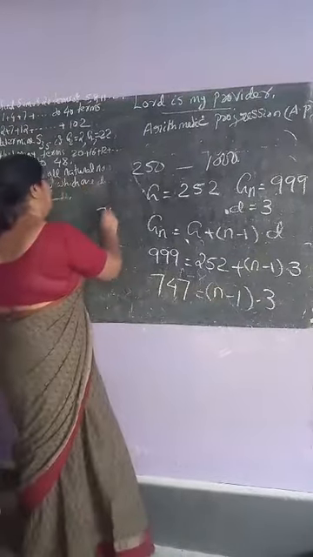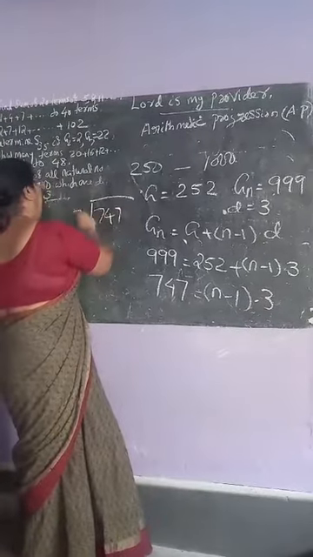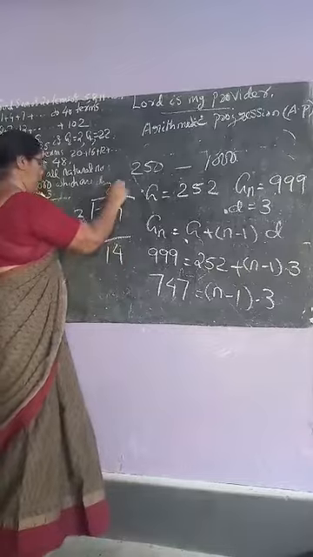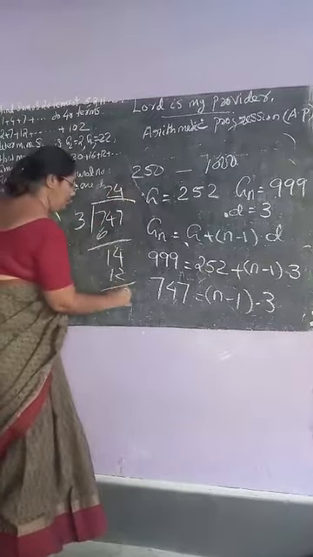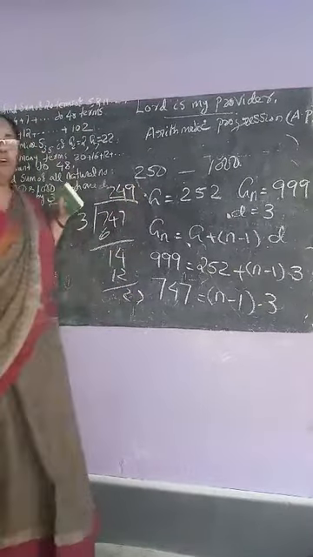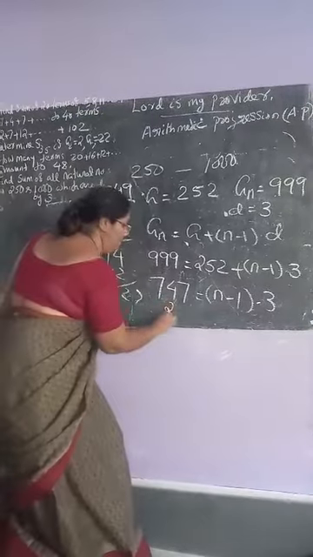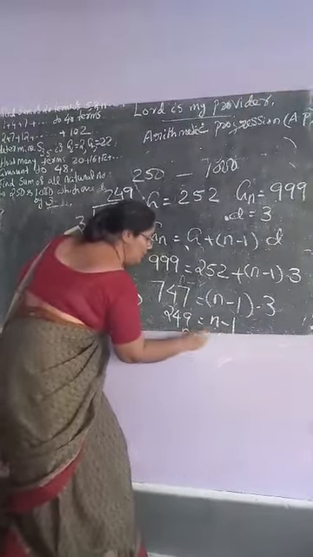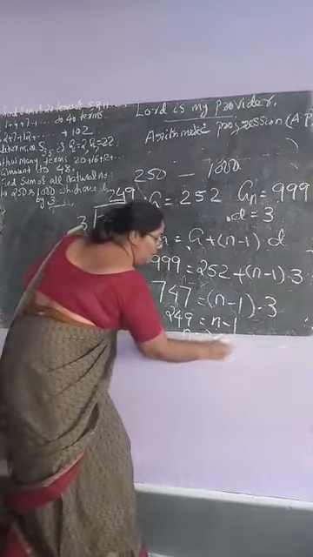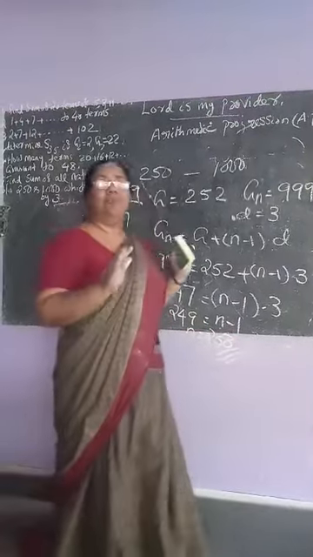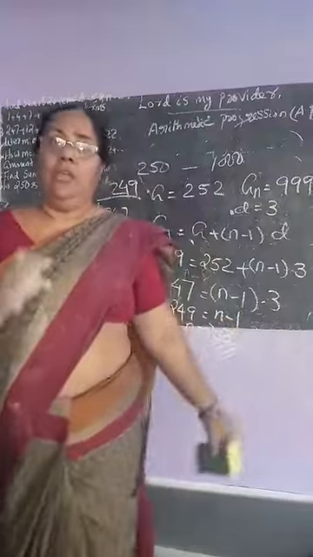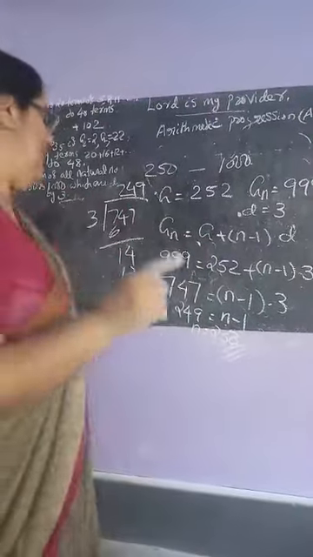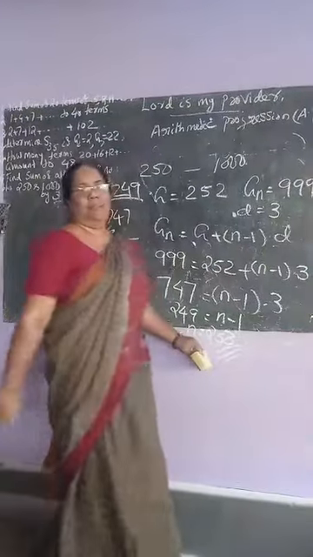What is 747 by 3? 249 equal to n minus 1. Therefore, n is equal to 250. 250 terms are there in between 250 and 1000 which is divisible by 3.